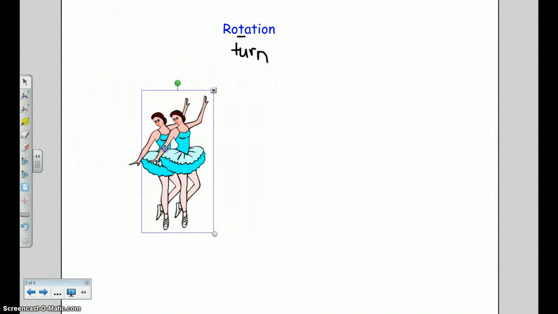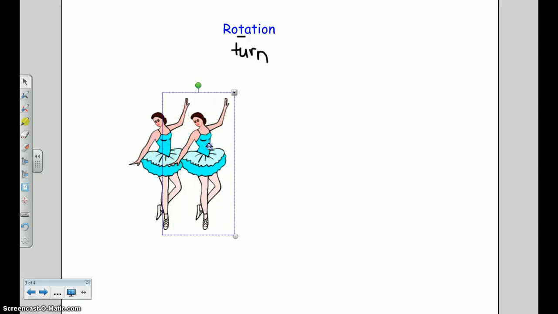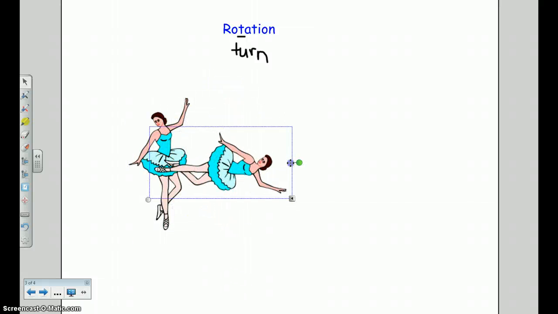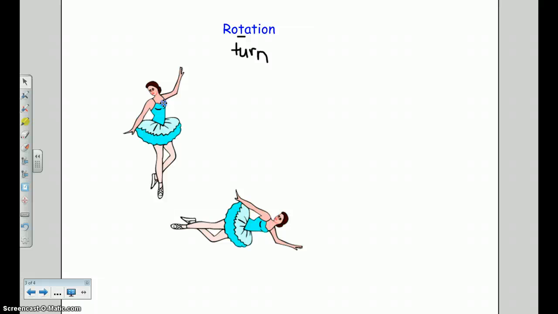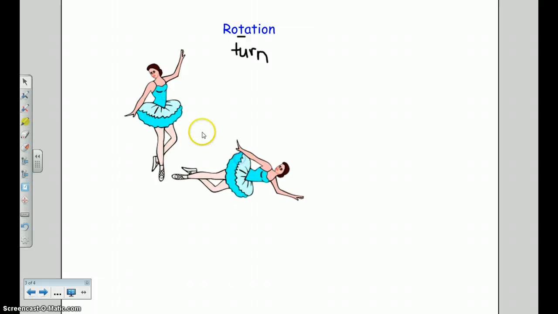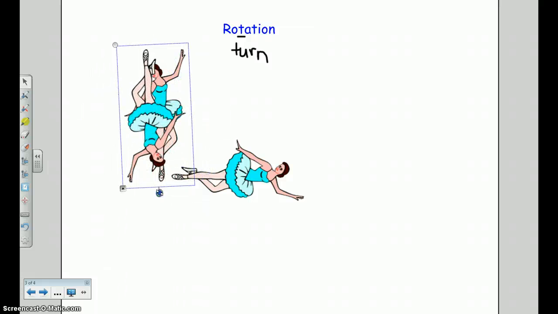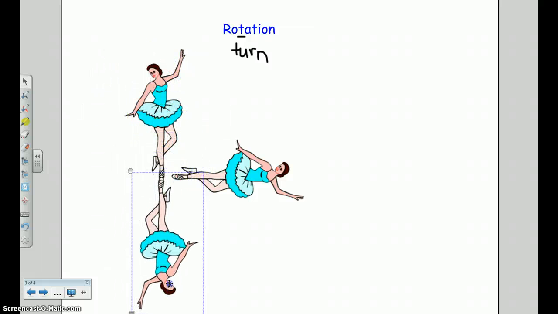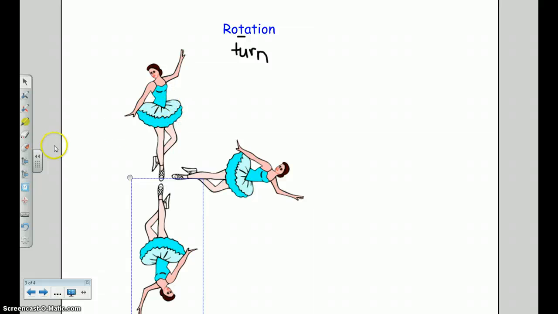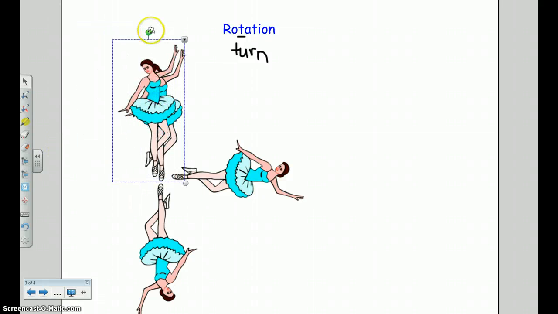So if I have my ballerina, she starts off like this. If I want to take her and turn her, I am actually going to turn her to the side, or I can turn her down. And this direction can move clockwise or counterclockwise.